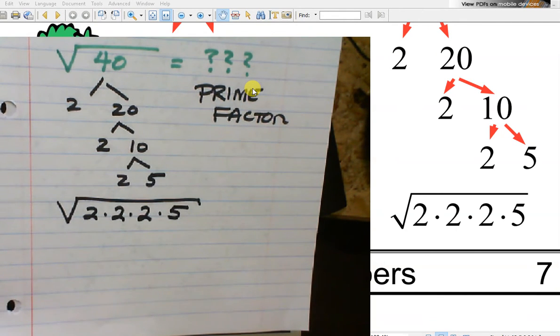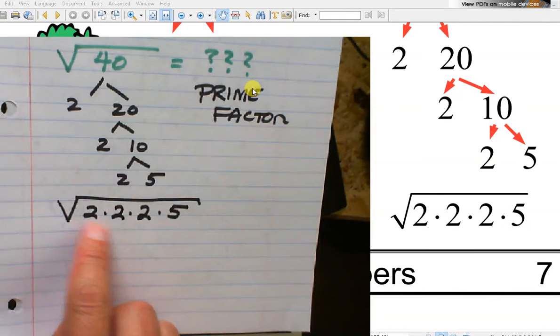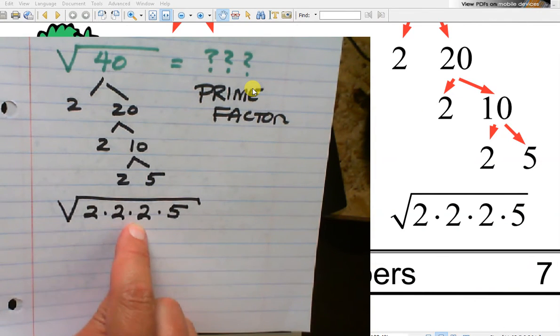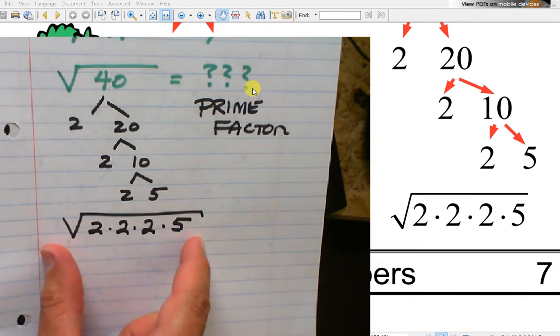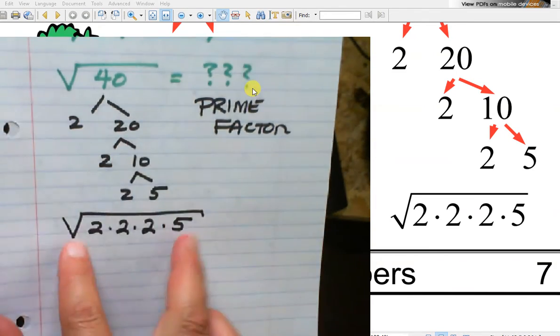That's what I'm left with. The square root of 2 times 2 times 2 times 5. This is 40. 2 times 2 is 4, times 2 is 8, times 5 is 40. So this is the same thing as the square root of 40. This and that are the same thing.